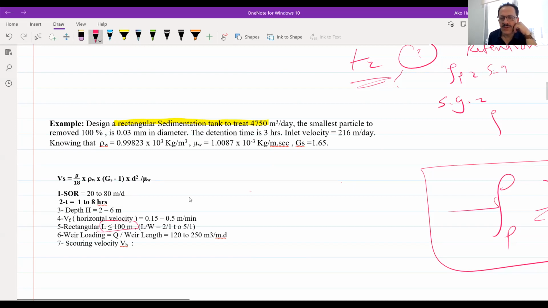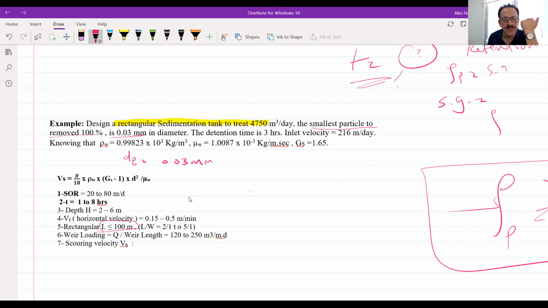Now look at the question. It says that the smallest particle that should be 100% removed is 0.03 millimeters. So that d particle is equal to 0.03 millimeter. This is the particle that should be 100% removed.